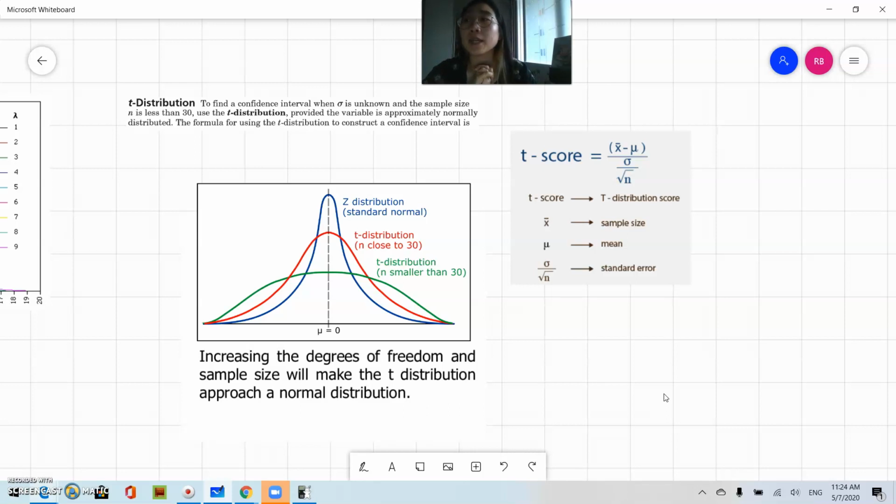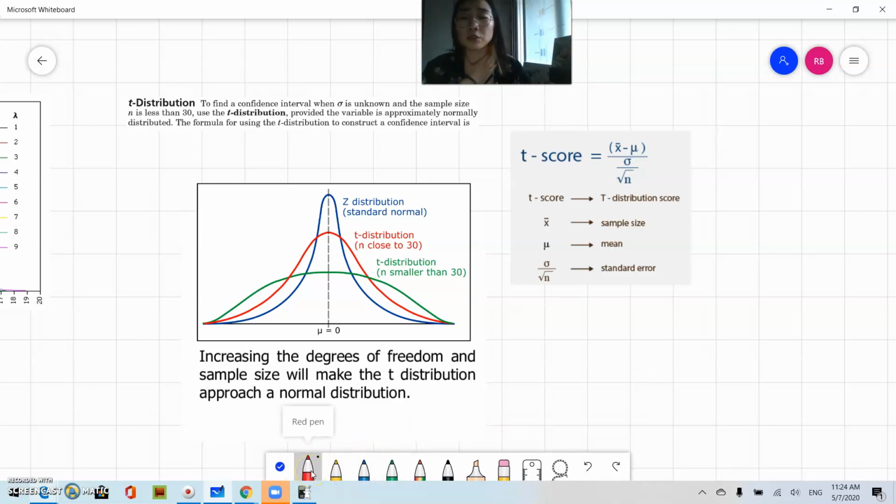Then you can use the t-distribution, assuming that there are no strong outliers or skewness. So it is still important that your individual data, when you make a histogram, looks mostly symmetric with no outliers. But the relationship that the t-distribution has with the normal distribution can be seen in this graph.